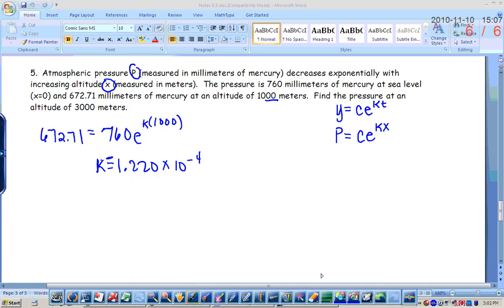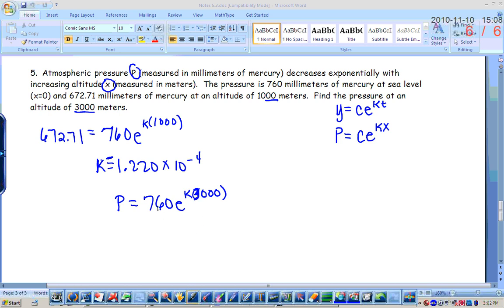Then my last step is to find the pressure at an altitude of 3,000 meters. That would be looking for the ending pressure, so that's my P. C was the beginning pressure at sea level, which is 760. e to the k.